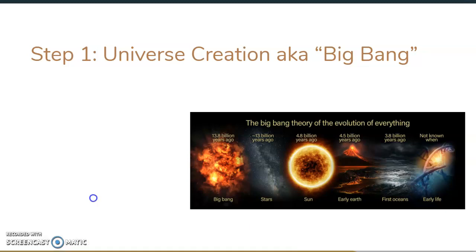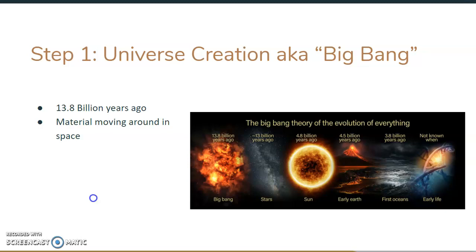It was our first question, so step one of how the Earth was made was the universe was created. It was also known as the Big Bang. The Big Bang occurred about 13.8 billion years ago. Right before it, material was just moving around in space.